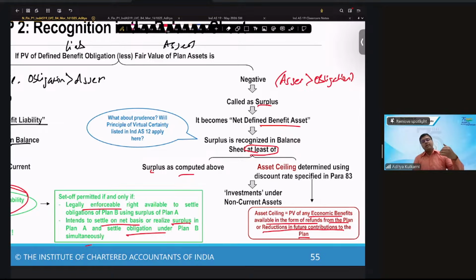So your net defined benefit asset calculation, where you are calculating the surplus, is restricted to the asset ceiling value. Are we okay with this?